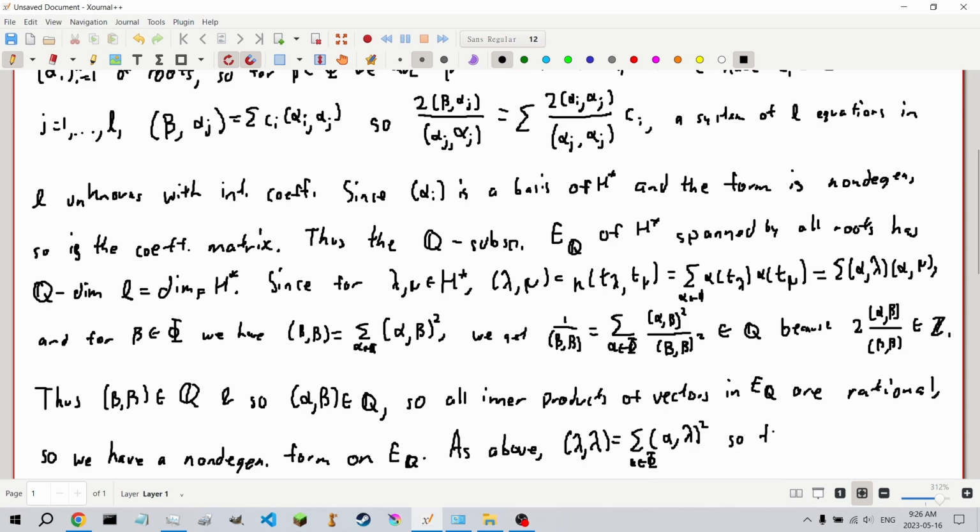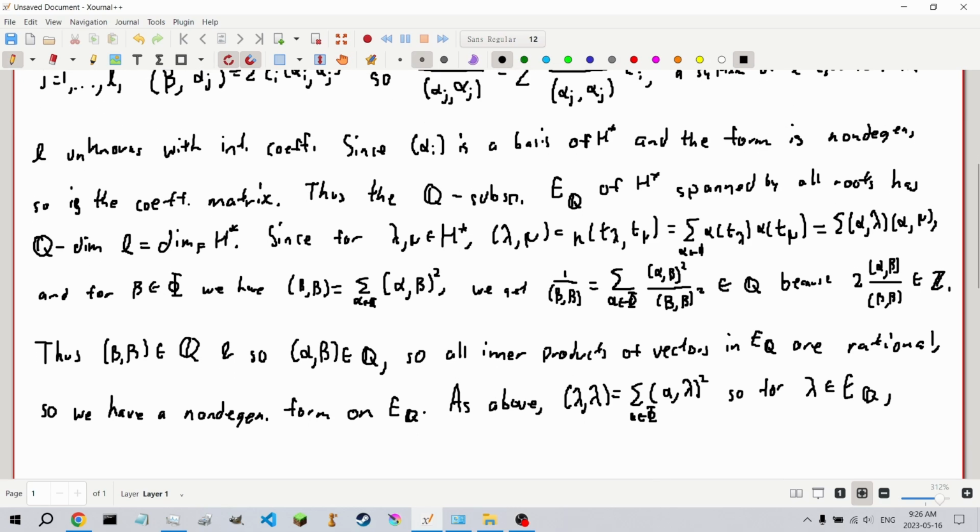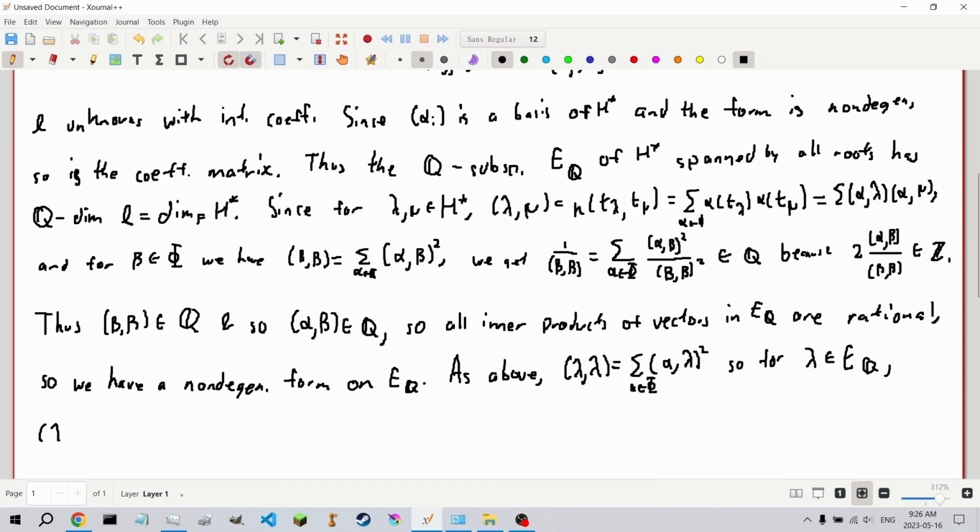So that for lambda in this rational space, the form of lambda with lambda is a sum of squares of rational numbers, and so is going to be non-negative.